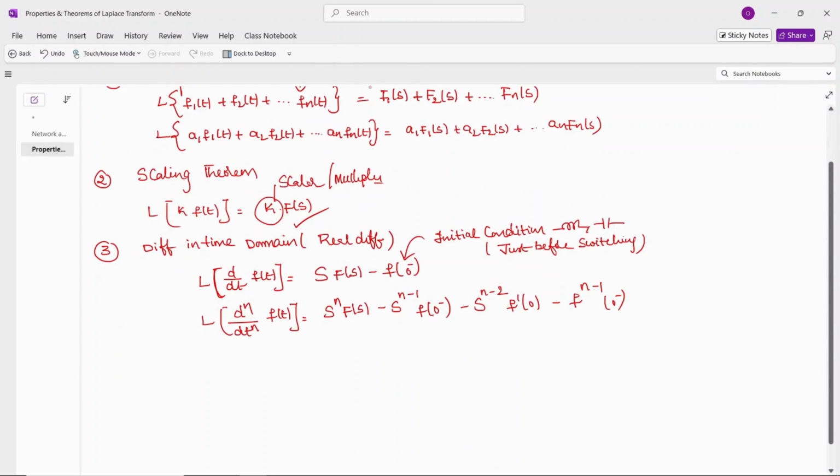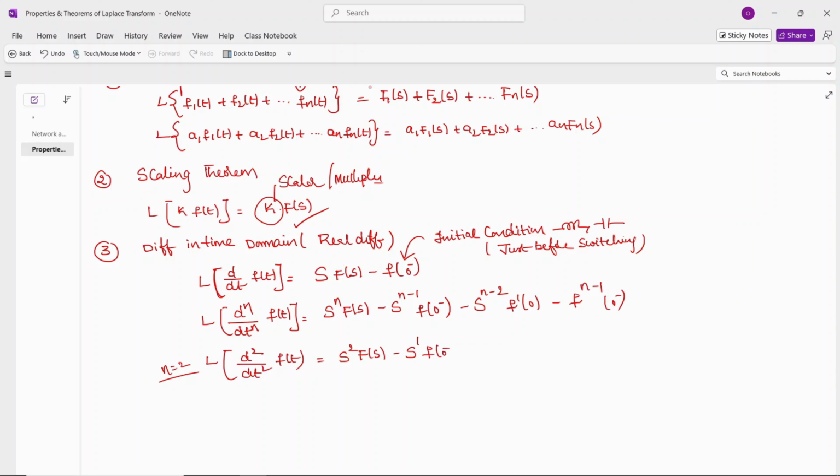Let's try it for n equal to 2, which is Laplace of d square by dt square of f of t. Whenever n is equal to 2, we get s square F of s minus s to the power 1 into f of 0 minus, minus s to the power 0, which is nothing but 1, into f dash of 0.